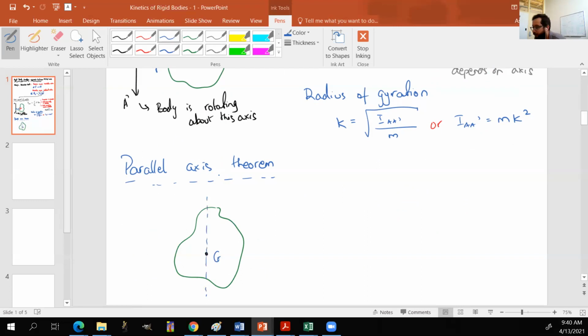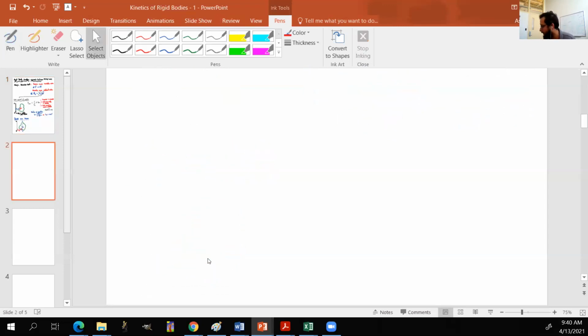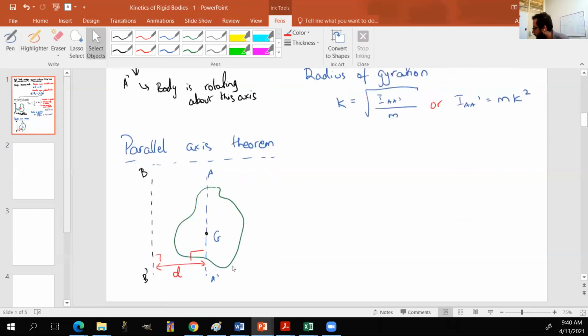Let's call this axis A prime, and then let's have another axis parallel to that axis. Let's call it B prime, like that, whereby the perpendicular distance between the two axes is d.